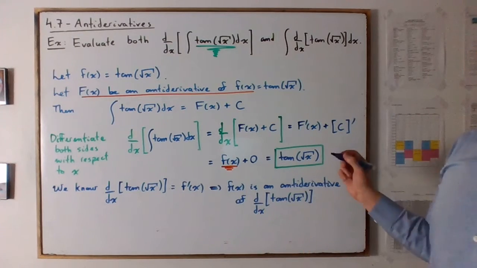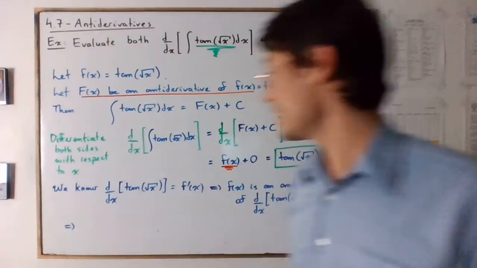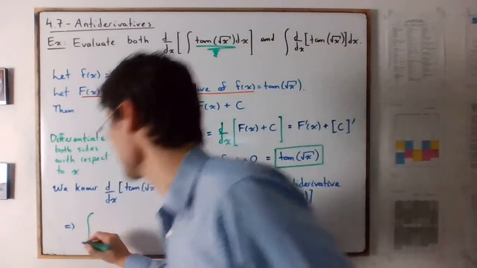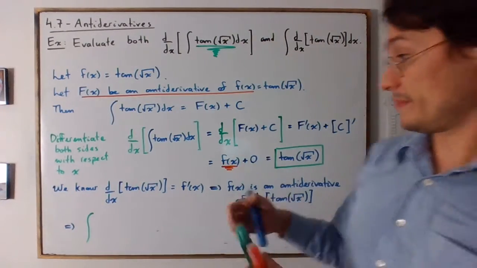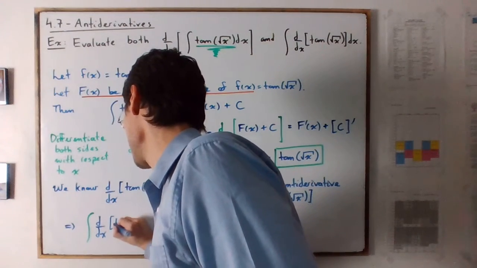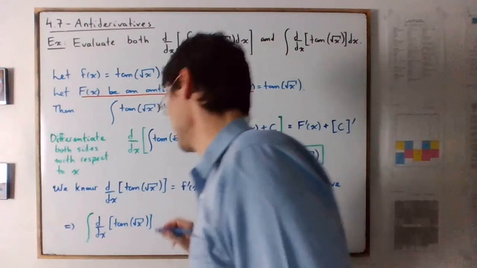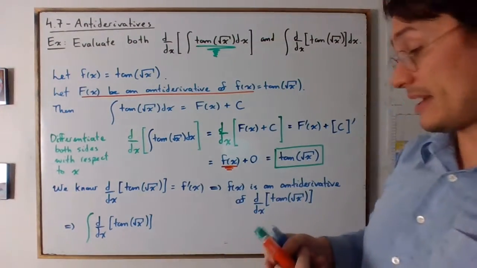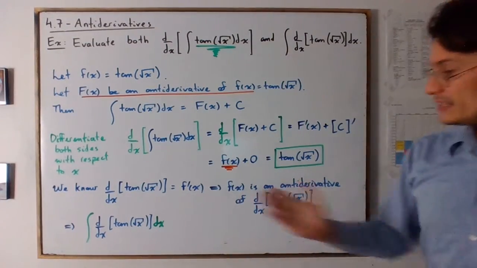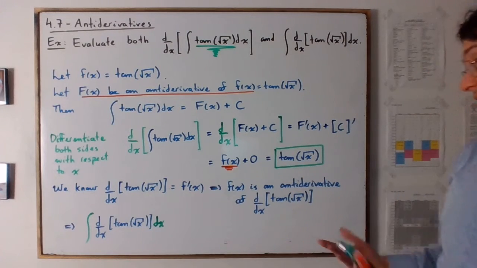So all right, what can we deduce from there? Well, very simple. If we take the integral of d over dx of tangent of square root of x, and then dx, the integral is going to be the collection of all the antiderivatives.